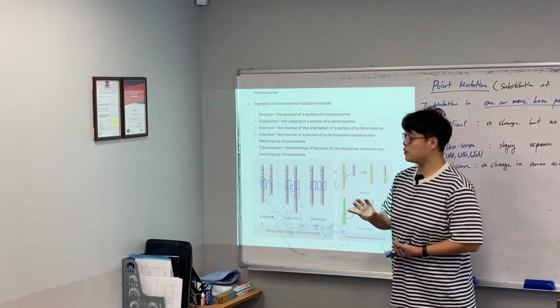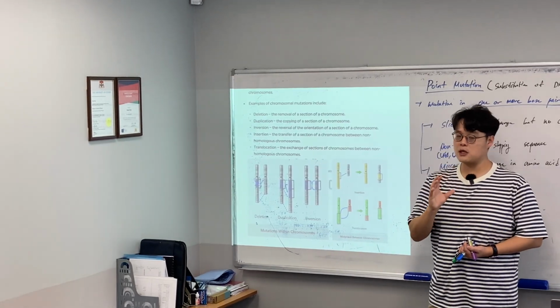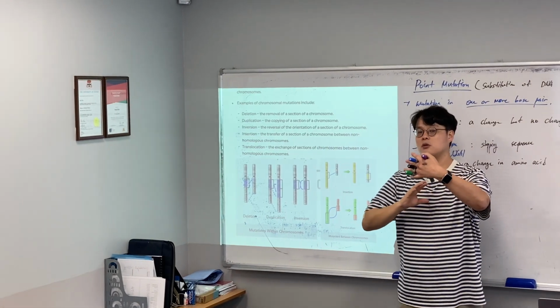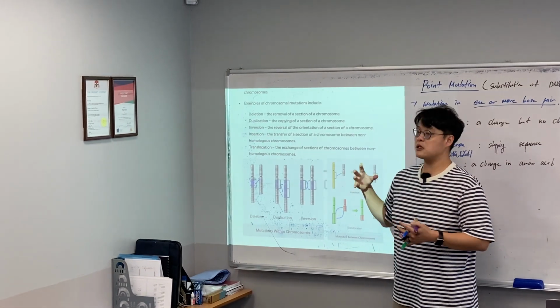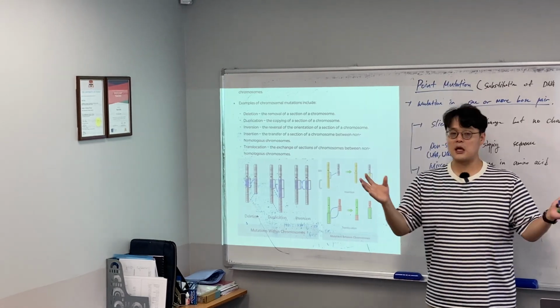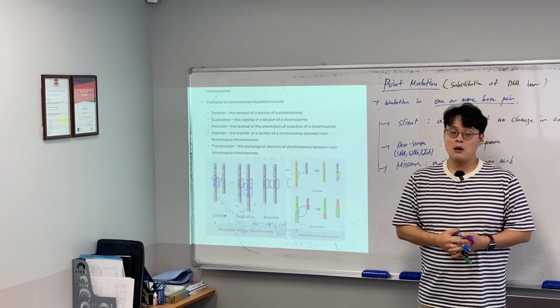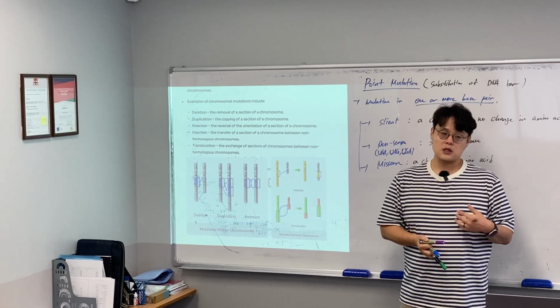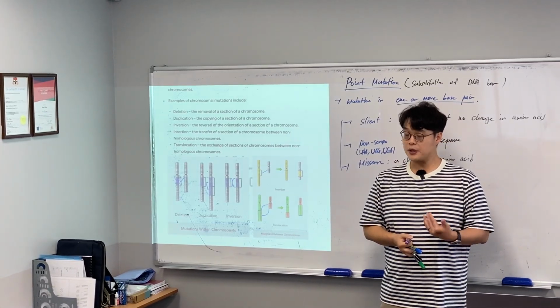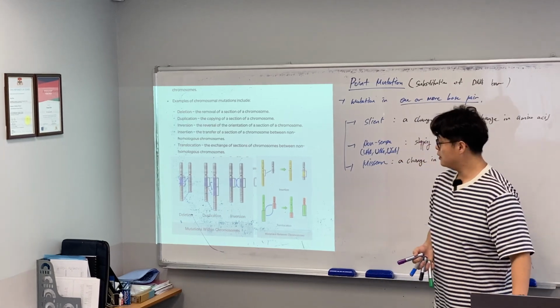We can have duplication, copy and paste, or wrong copy and paste of a chromosome section. Inversion means a section of the chromosome is inverted. Insertion means extra chromosome material is added. Translocation means we have sections relocating to different parts. Any of those can cause severe, significant changes.